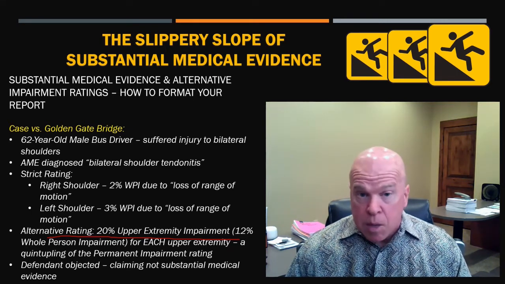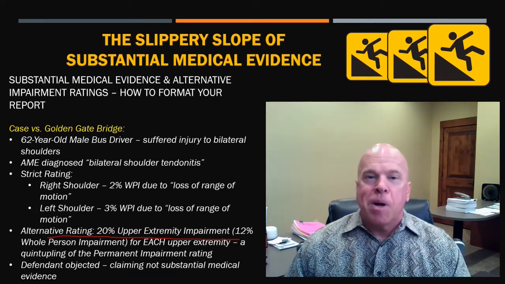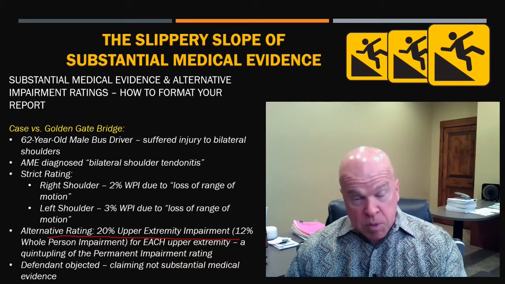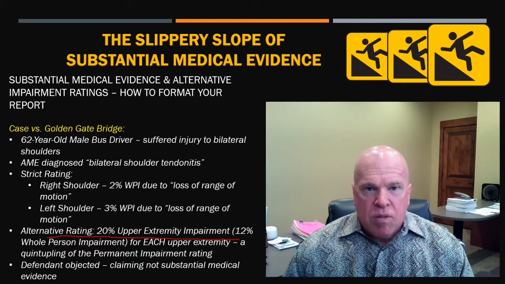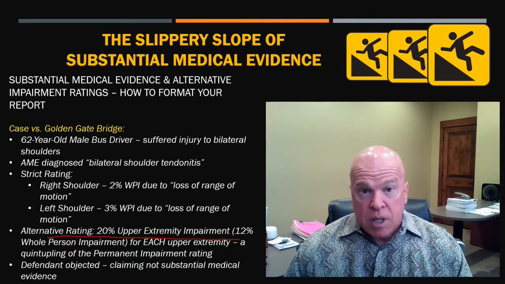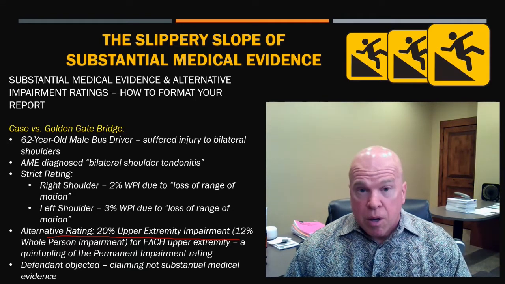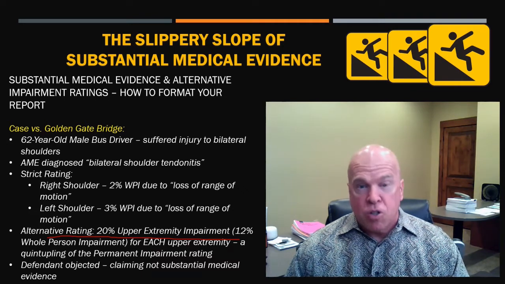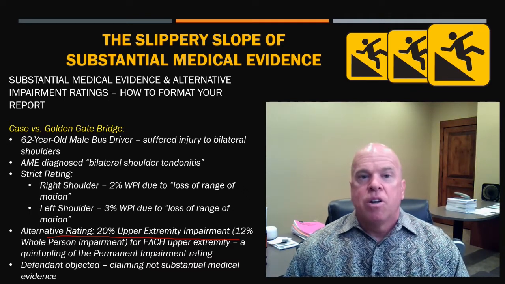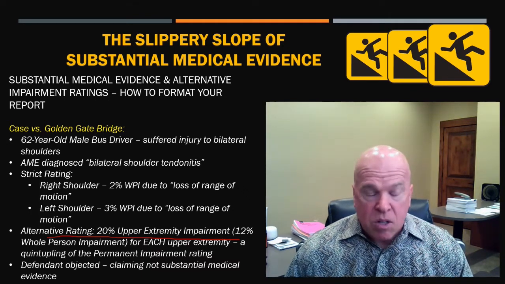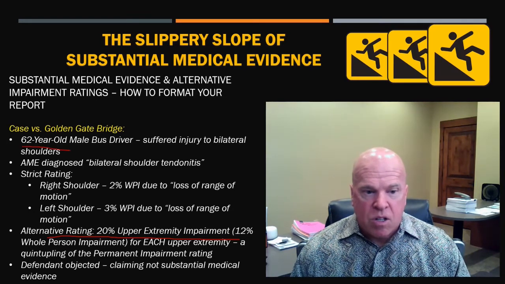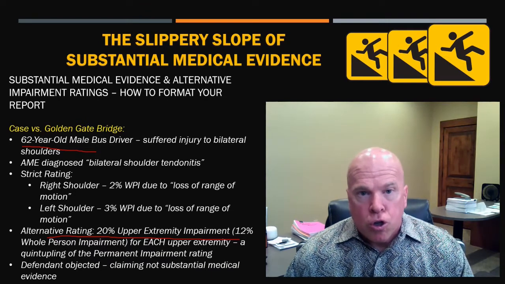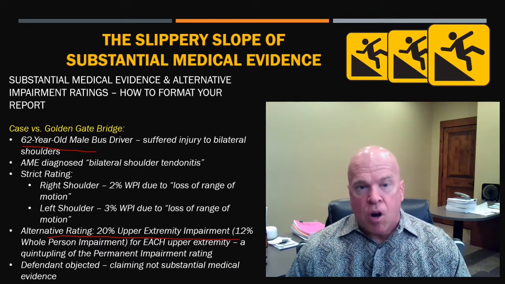And then secondly, in providing for the impairment rating due to loss of grip strength, the medical evaluator used the chart and table in the AMA guides. The only problem with that was that the chart and table in the AMA guides only rates examinees up to age 59, and Mr. Case was aged 62. So the defendant objected to this also.